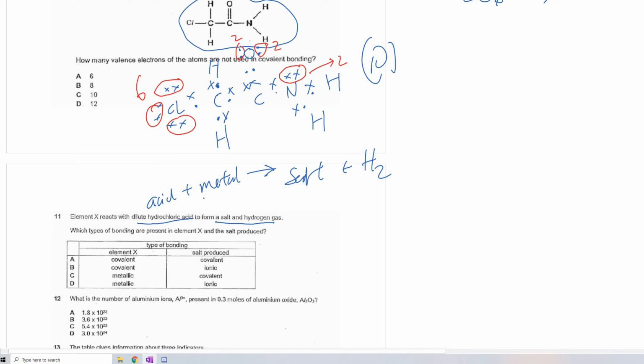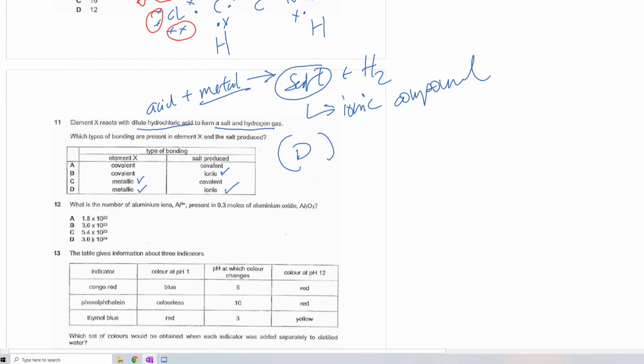Because we have established that X is a metal, it must have metallic bonding. And since salt is formed, salt is another name for ionic compound. So the only correct answer for this question is option D.